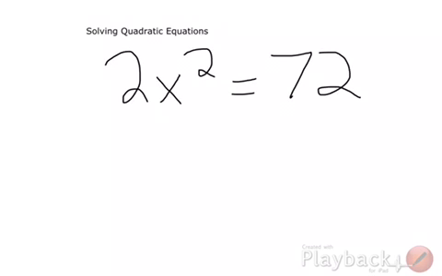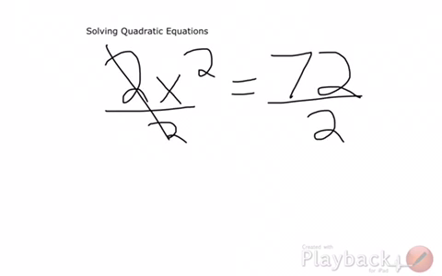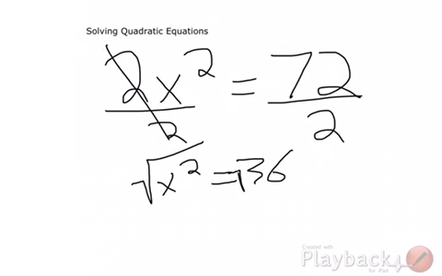All right, here's another example. I'd like you to go ahead and try to tackle this. Isolate the variable, get the variable by itself to solve your quadratic equation. Okay, so to get x by itself, we would divide by 2 on both sides. That's the opposite of multiply by 2. So x squared equals 36. And now to get rid of that x squared, we'll do the opposite, which is square root.